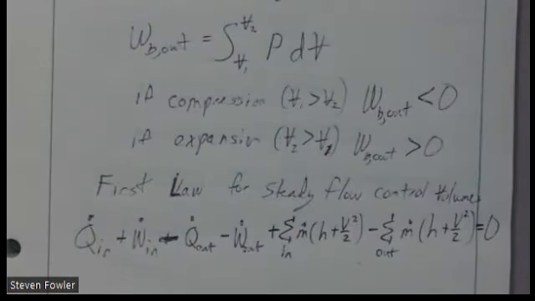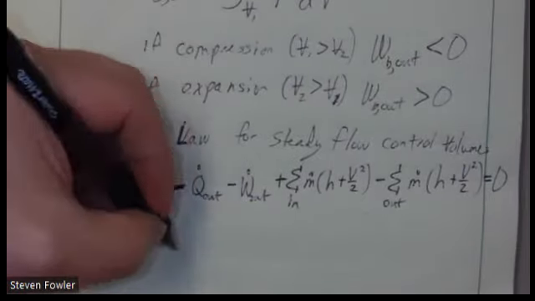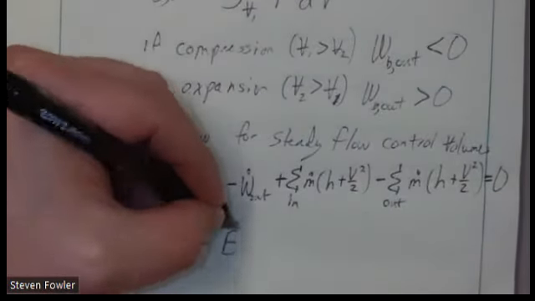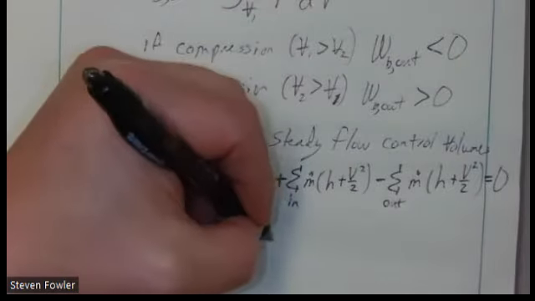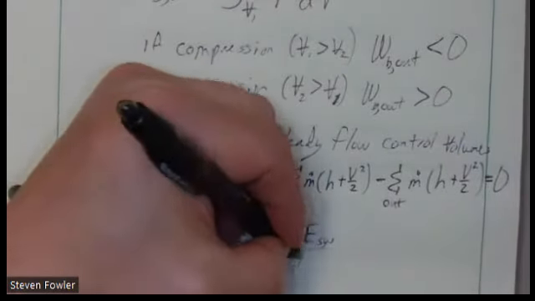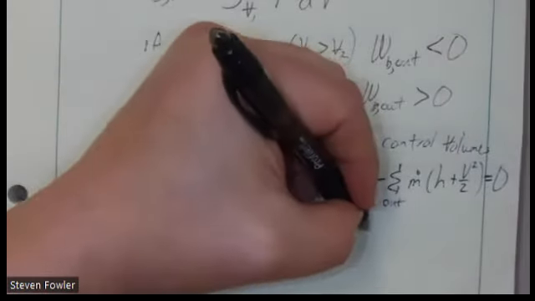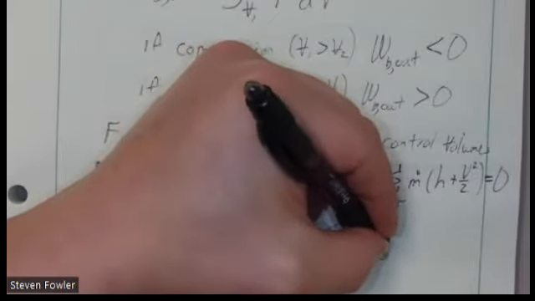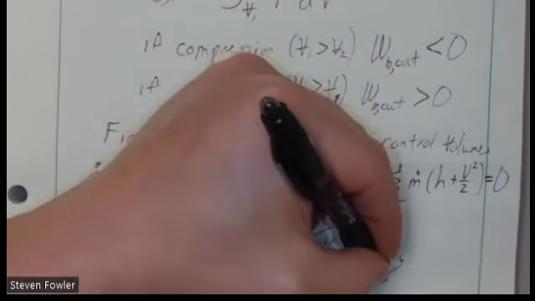Well, if it's a steady flow control volume, the right-hand side is the total rate of energy in minus the total rate of energy out equal to dE for my system, the change of the energy of my system with respect to time. And what we're saying is this change is 0 for steady flow.